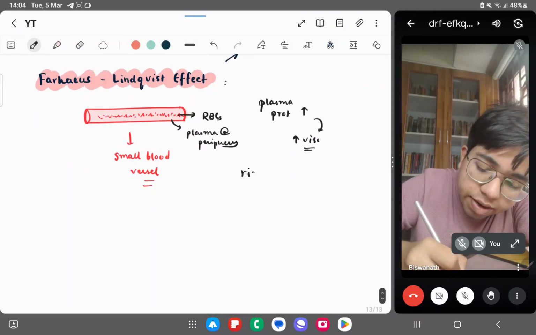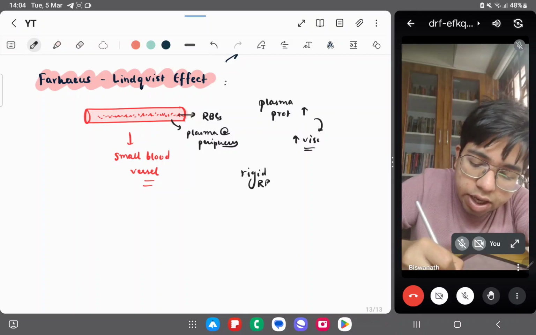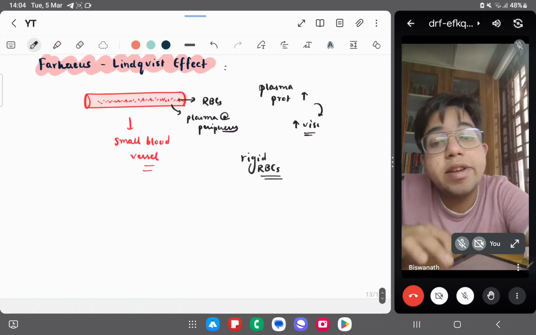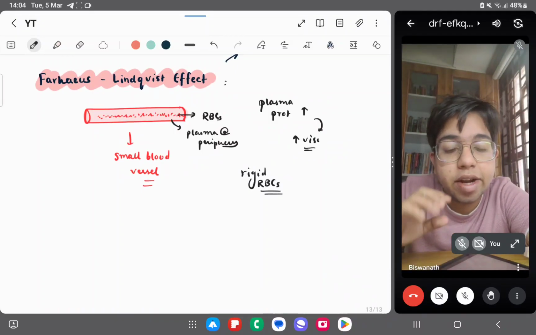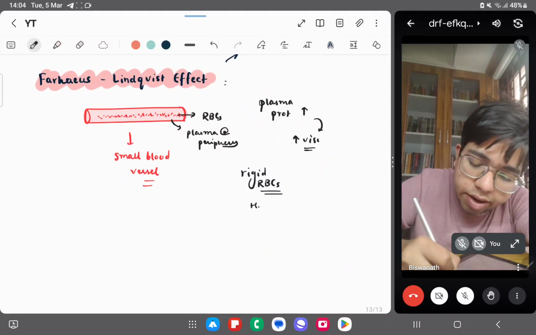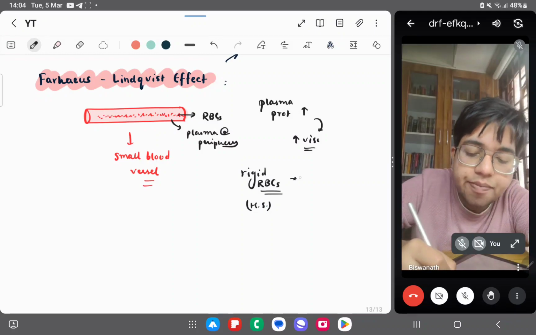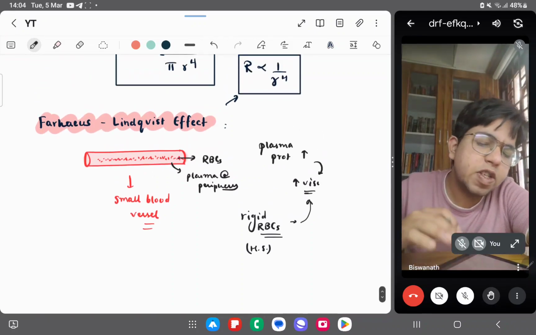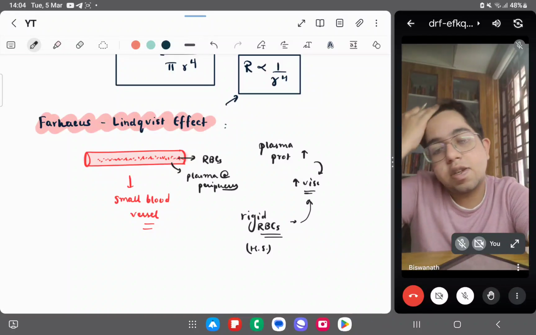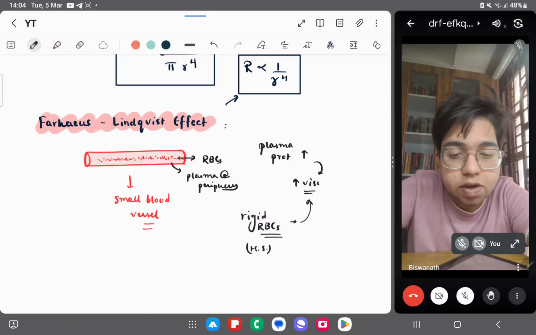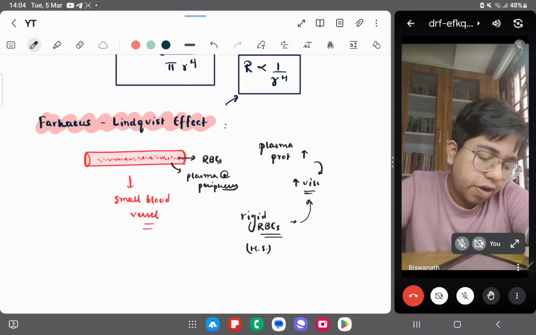For example, in hereditary spherocytosis, you know about the ankyrin, the spectrin, and all. So there is increased viscosity. So viscosity is a clinically significant parameter. In your clinical settings also, you must have an idea of this. So this is about your Fahraeus-Lindqvist effect.